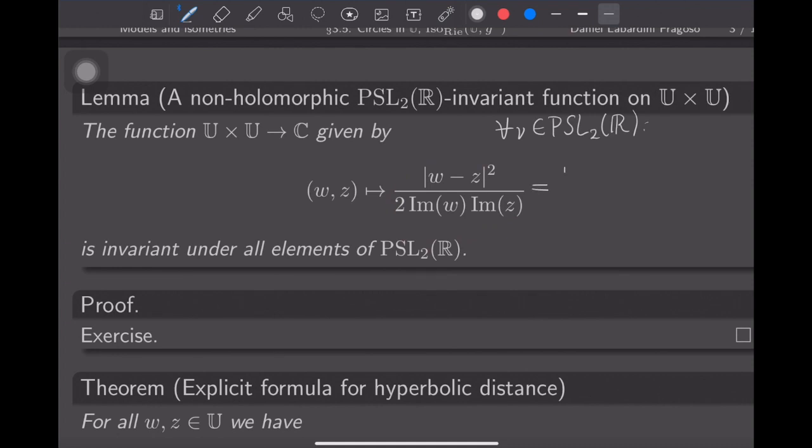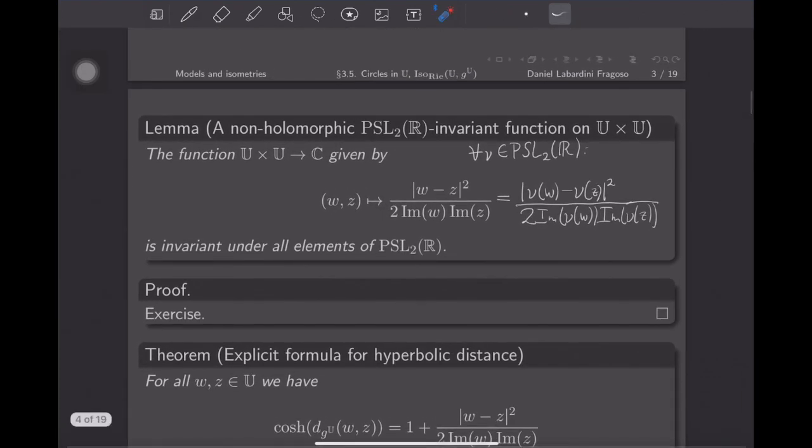So this is equal to the norm squared of nu of W minus nu of Z over the imaginary part of nu of W times the imaginary part of nu of Z. Similar to when we spoke about the cross ratio, the value of this doesn't change if instead of W and Z, I take nu of W and nu of Z, where nu in PSL2R is arbitrary.